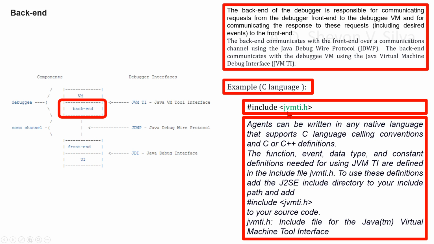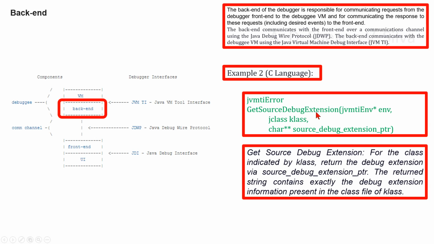Here the jvmti.h include file for the Java virtual machine tool interface. As an example too, we can consider this code, this one in C language.